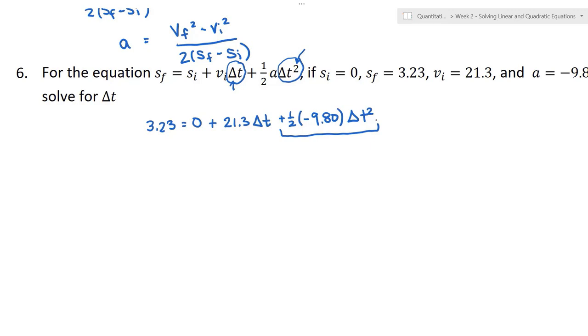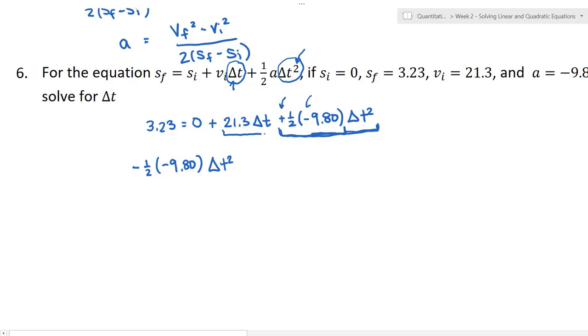Remember, when you're moving things to the opposite side of the equation, the plus sign that you see here will have to change to a minus. So I have negative 1/2, negative 9.80. Now you don't change both of the signs. This is all one big term over here. And you're going to move everything over, so you just put in one negative sign, times delta T squared.